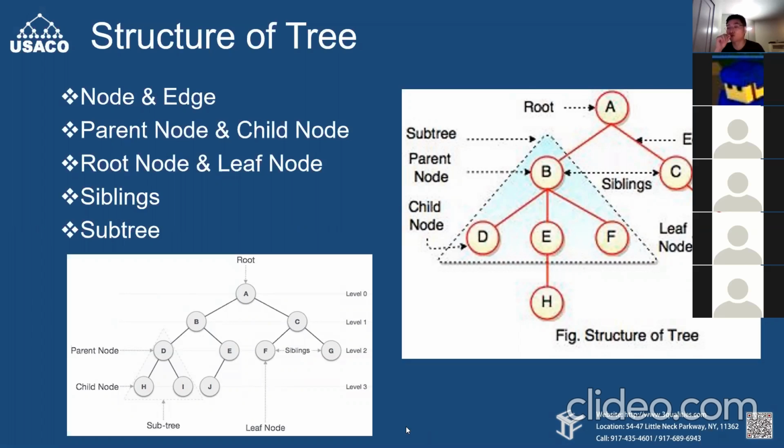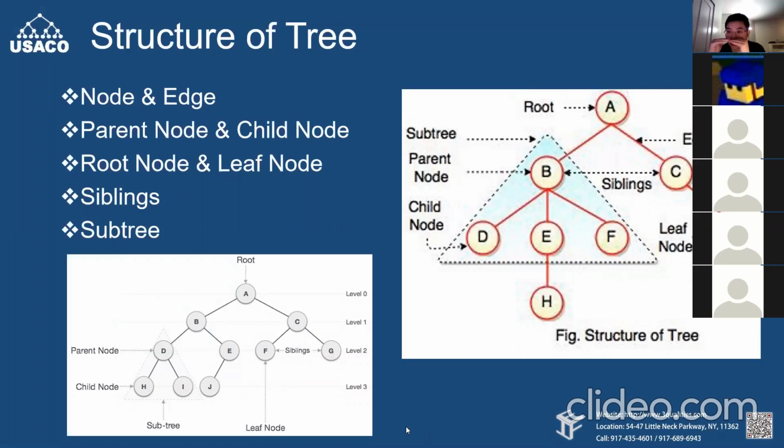The root is level 0. Level 1 means the first generation under the root. Okay? Level 2 means what? The second generation of the root. Okay, so level 3, level 4. Okay. Do you understand, right, Julian? You understand what I'm talking about, right? Yes. What's the meaning of level?